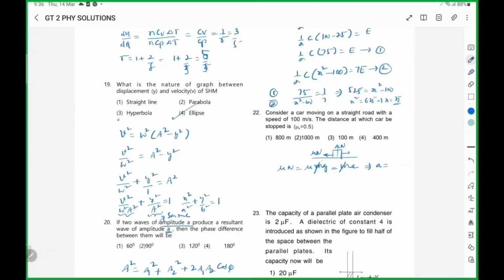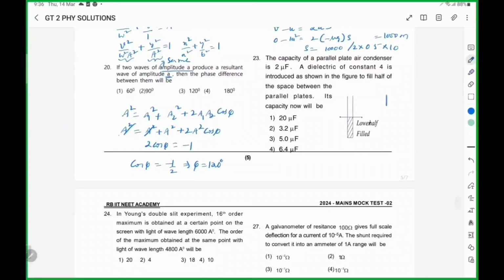Once it moves on a rough surface, this is the acceleration. V square minus u square is 2as. 100 square, acceleration is negative because it is retarding. So minus mu g into s, by 2 into 0.5. S here, g is 10, so it is 1000 meters.